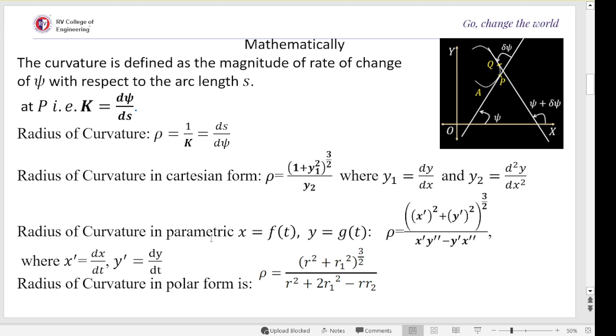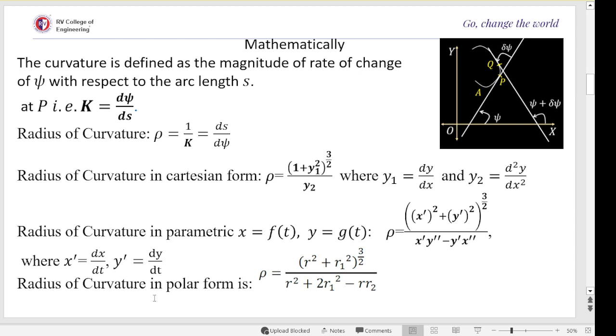Radius of curvature for a parametric curve x equal to f of t, y equal to g of t is rho equal to (x dash square plus y dash square) power 3 by 2 divided by (x dash y double dash minus y dash x double dash), where x dash equal to dx by dt, y dash equal to dy by dt, x double dash is d square x by dt square, and y double dash is d square y by dt square.